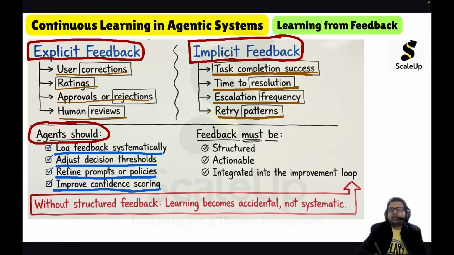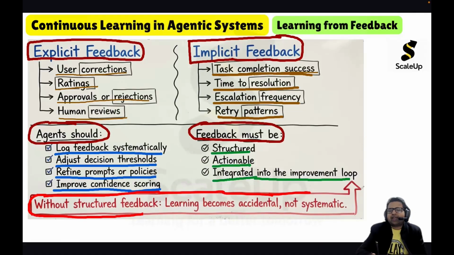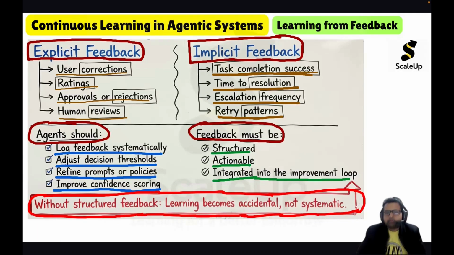Now this is also very important: whether it's explicit feedback or implicit feedback, the feedback must be structured, feedback must be actionable, and feedback must be integrated into the improvement loop. Because without structured feedback, learning becomes accidental, not systematic. So for systematic learning, feedback has to be structured and actionable.